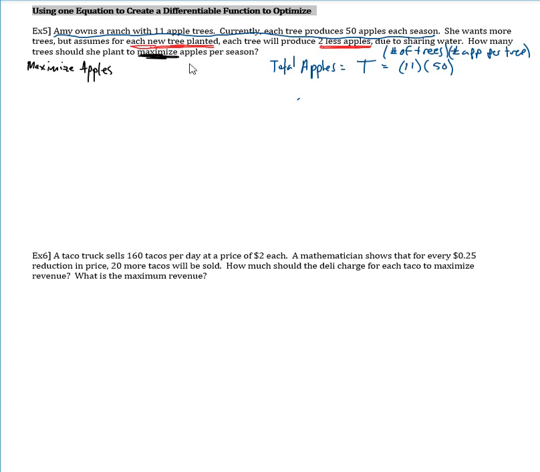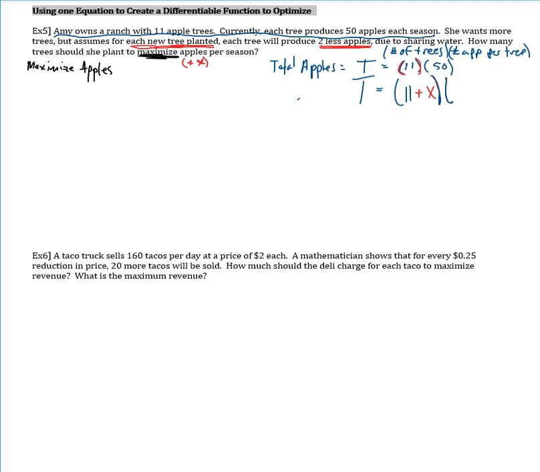So for each new tree planted, we're going to say that's an addition of x. So plus x is our new tree planted. Let's adjust this. Our new total, T equals 11 plus x for another tree getting planted.